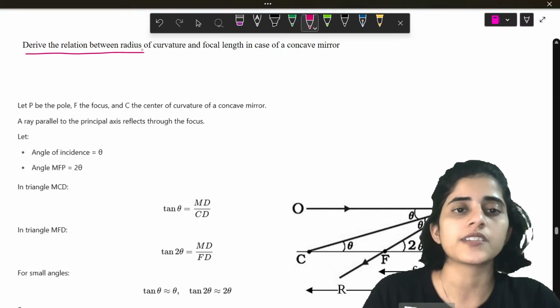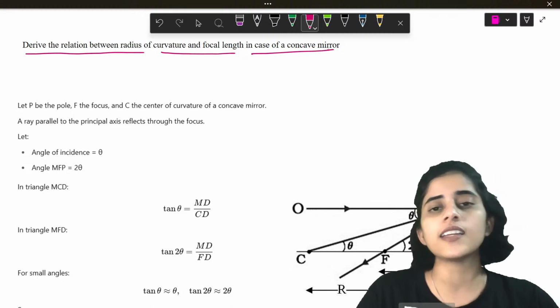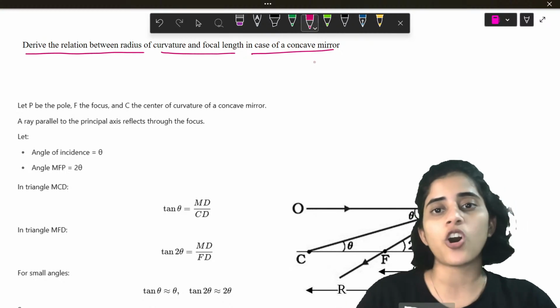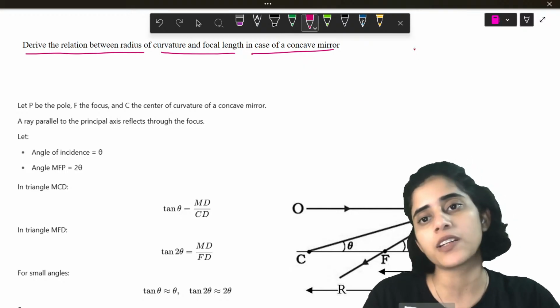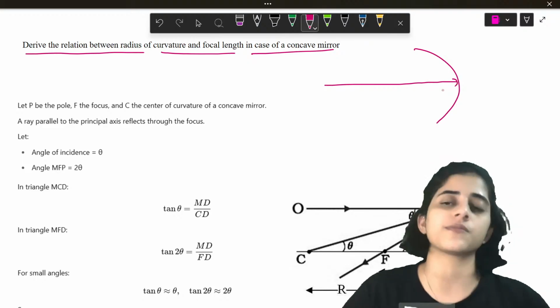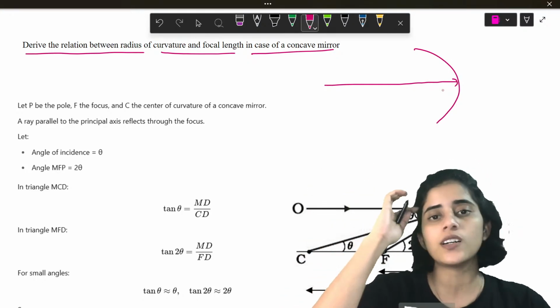Next question. Derive the relation between radius of curvature and focal length in case of a concave mirror. A concave mirror is a mirror like this where the surface goes in, like entering into a cave.